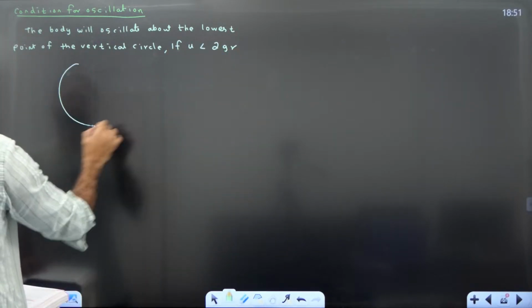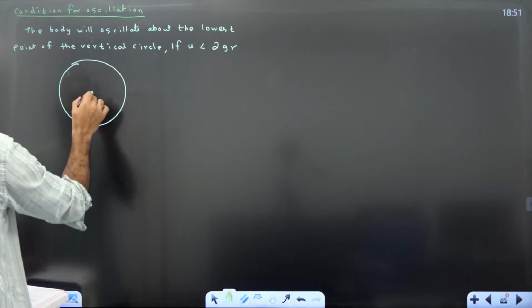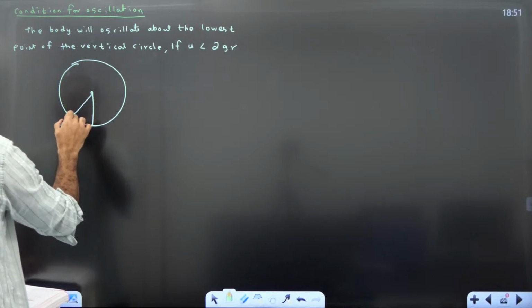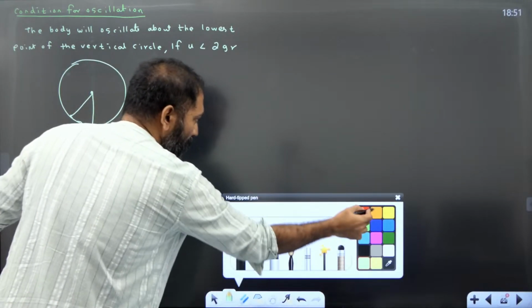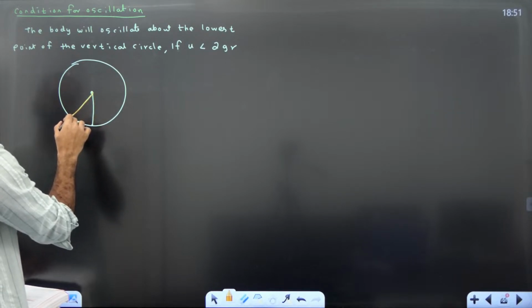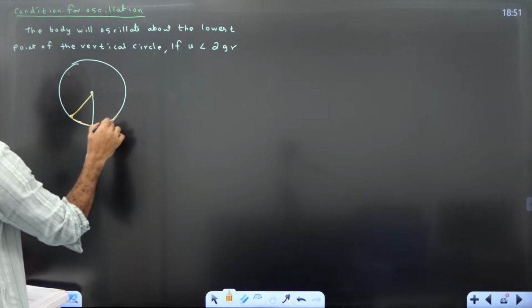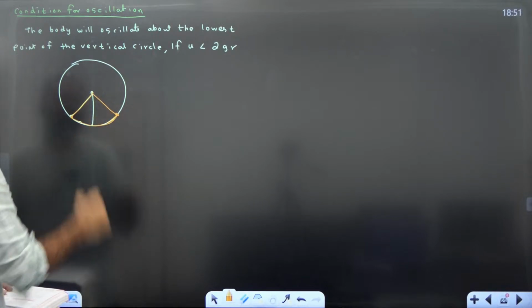This is the vertical circle. If u less than root 2gr, what will happen? Body will start oscillating about the mean position.